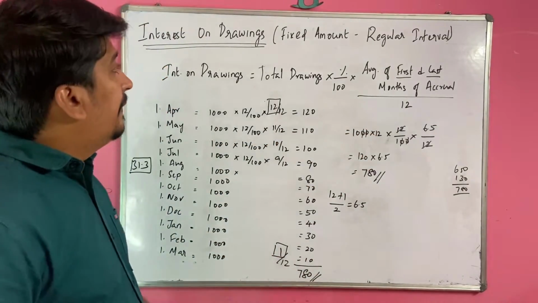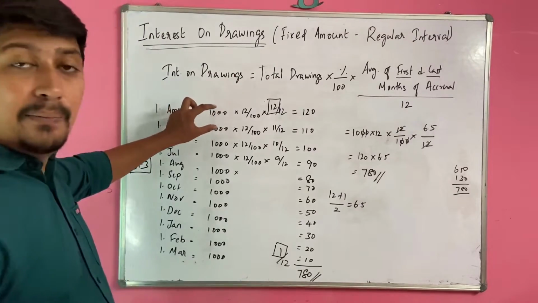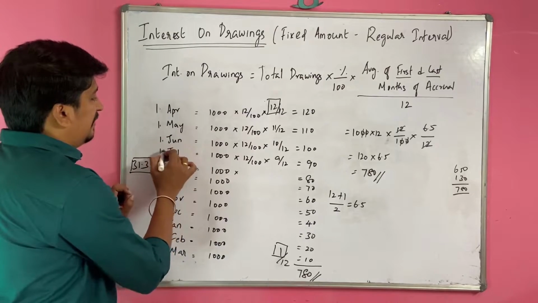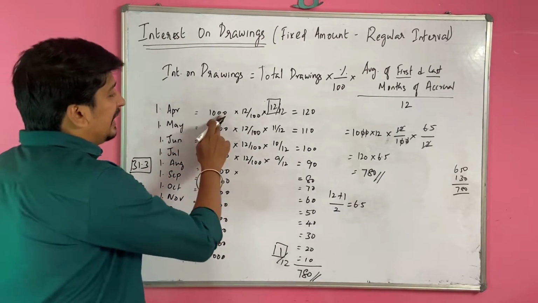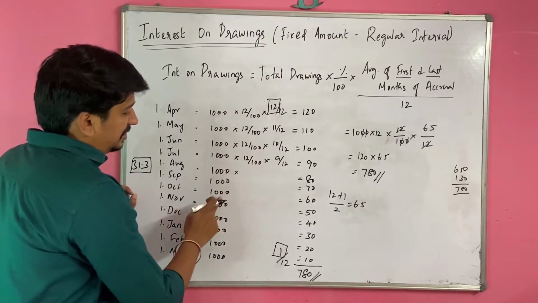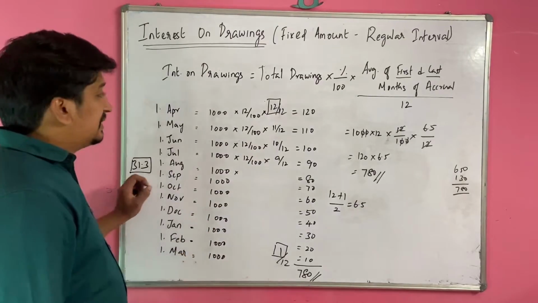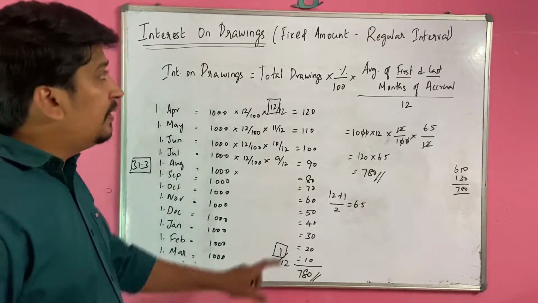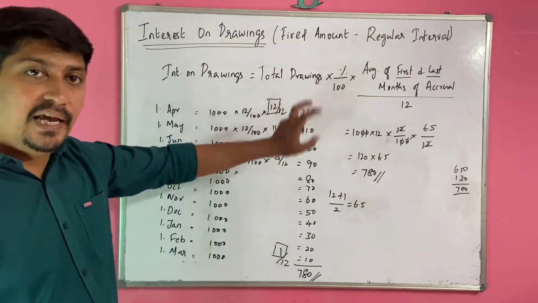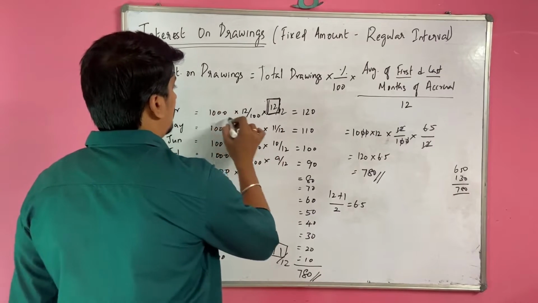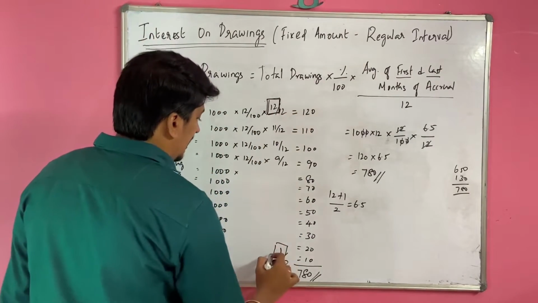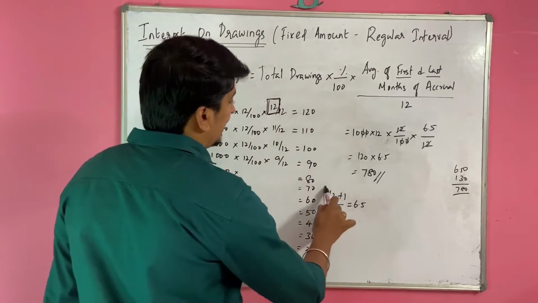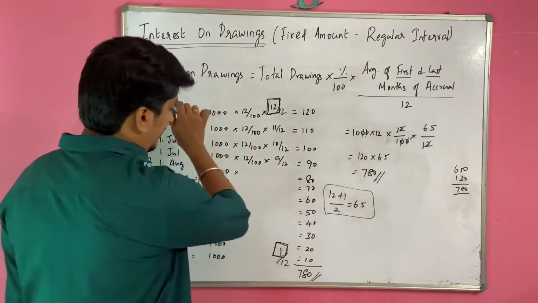See here, a partner draws a fixed amount. The amount is the same, and also at a regular interval. So whenever you have this category, you don't need to calculate interest for each drawing separately. Since the amount is the same and the interval is also regular, only then you apply this formula. In that case, you take the average of the first drawing's months of accrual and the last drawing's months of accrual, add them, divide by 2 and calculate the average for the entire drawings.